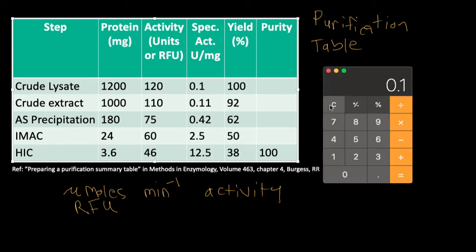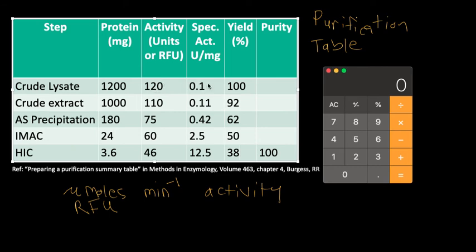Next up, we have our yield measurement. The yield is essentially how much of our activity we hung on to during our purification. The yield is based on the initial measurement, which was 120 units.